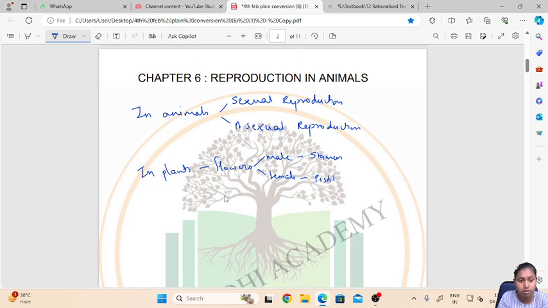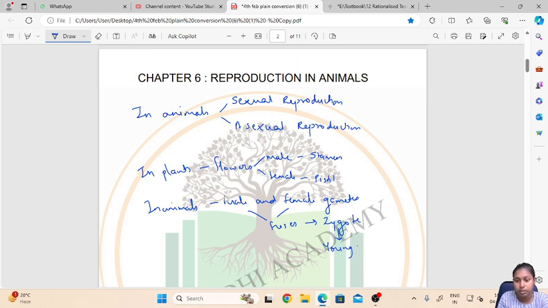Similarly, in animals also we require male and female gametes, which fuse together to give a zygote, and this zygote develops into the young one.